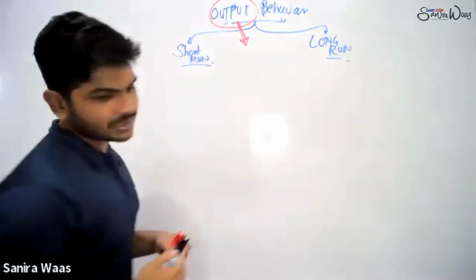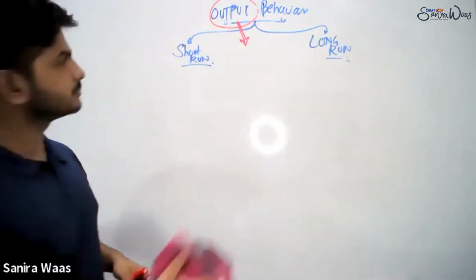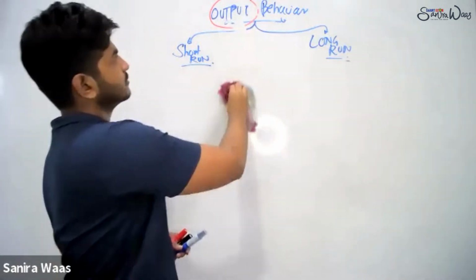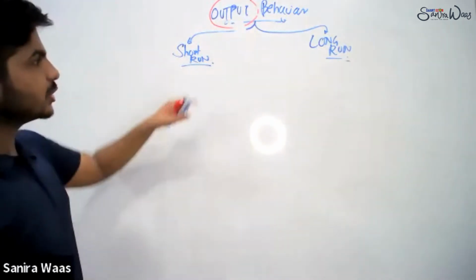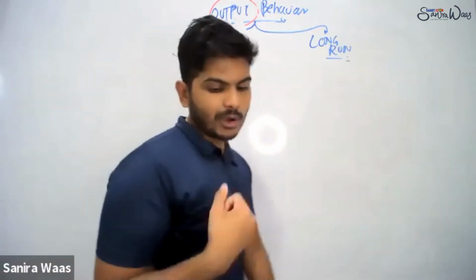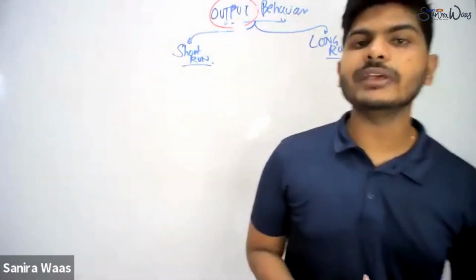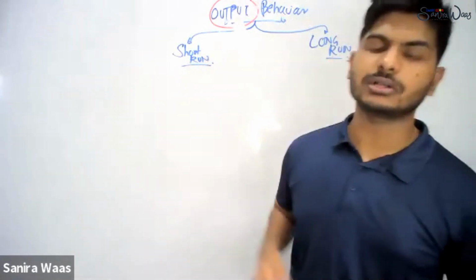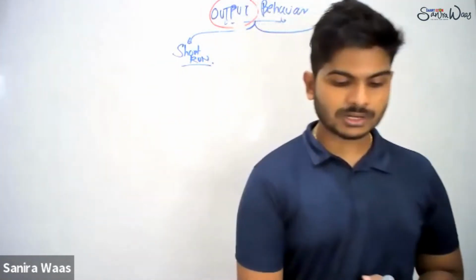Now tell me, based on the output behavior, how can we explain the output behavior in the short run? How?